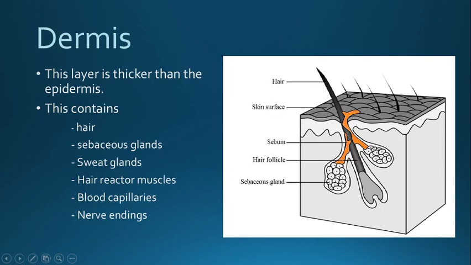There are skin hairs, sebaceous glands, sweat glands, hair erector muscles, blood capillaries, and nerve endings. This diagram shows how a sebaceous gland is situated around a hair follicle.